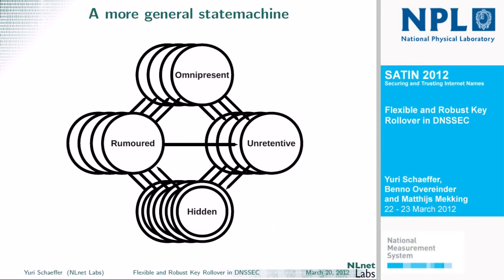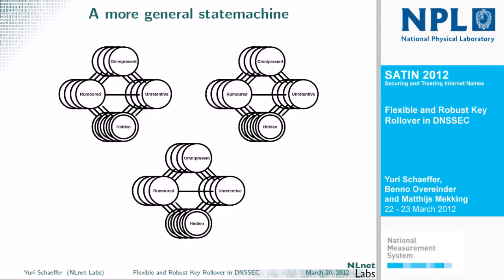That gives us yet some other rollovers we can do. So a key has multiple of these state machines, and of course in my zone I have at any time multiple keys. And that gives me a whole bunch of state machines and a lot of expressing power.